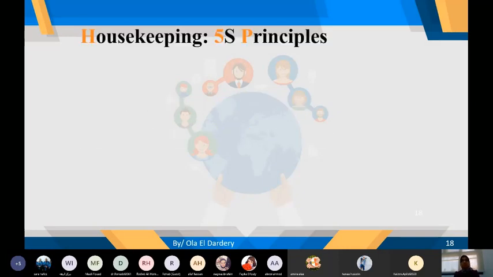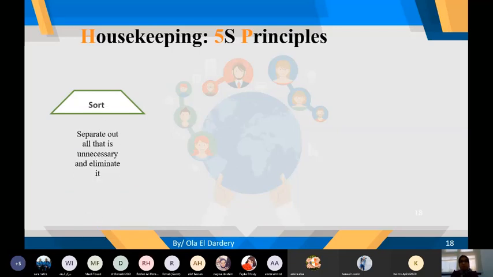Housekeeping, or the 5S principles, as we saw in the Kaizen pyramid. This is the very first step. Everything else is based on the 5S principles and builds upon it. So that's why we start with it. The first thing is sort. What does sort mean? It means separating all the unnecessary things from the necessary things and eliminating them.